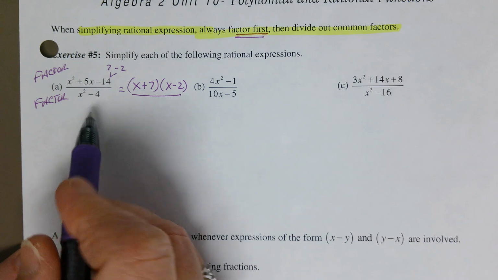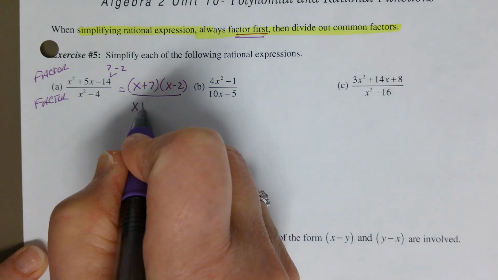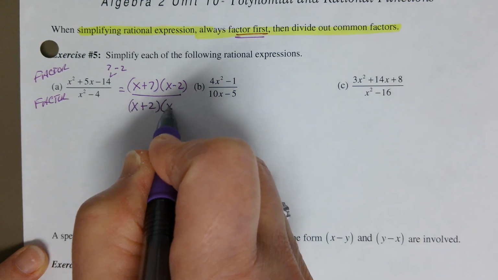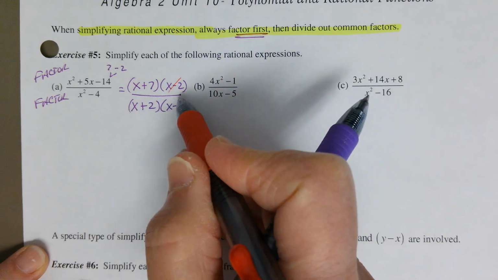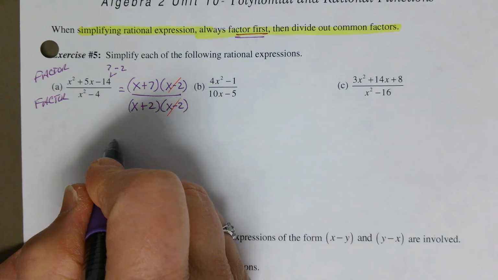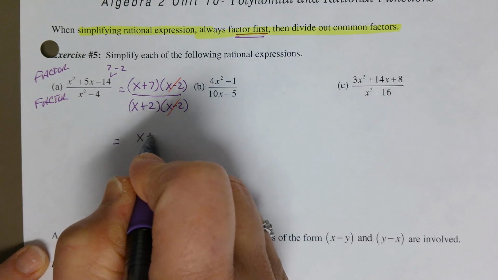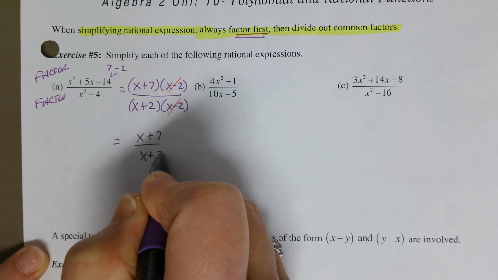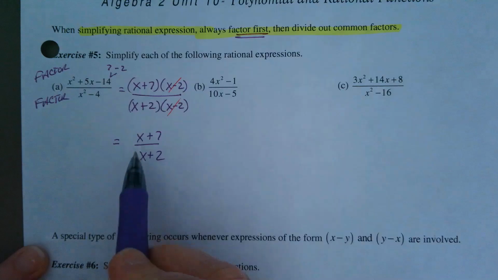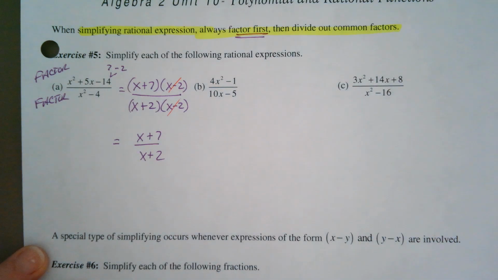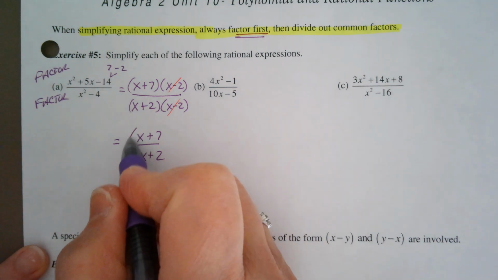And the denominator, the difference of perfect squares, factors into x plus 2 times x minus 2. The x minus 2's are common, they divide out. It simplifies to x plus 7 over x plus 2. Can you divide out the x's? No, because this is plus. It's not multiplication.